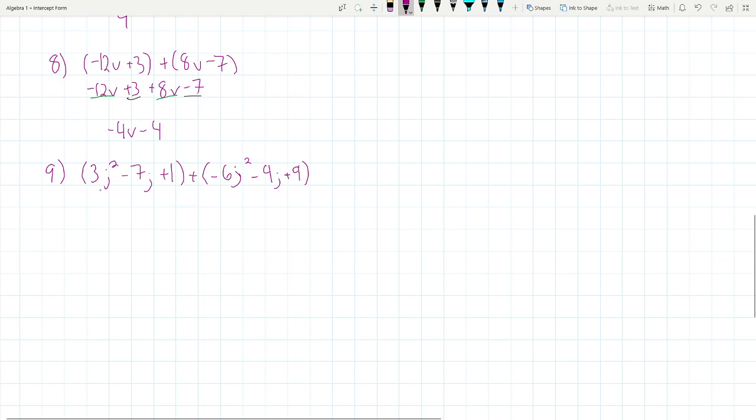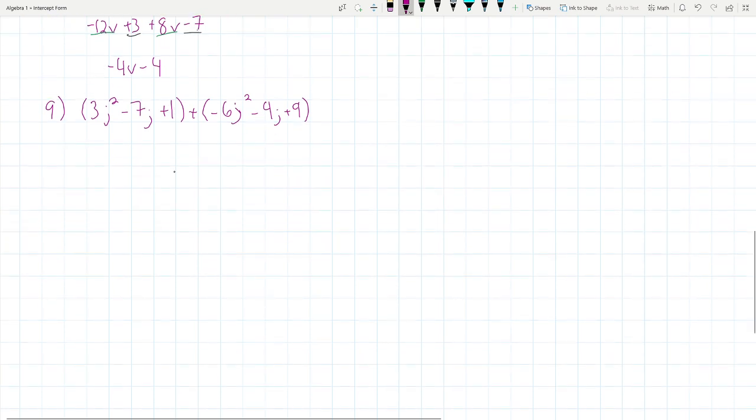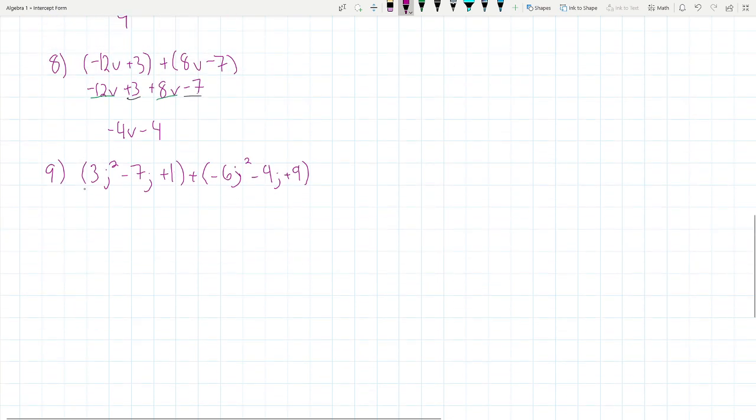The only thing that we added in was a new term and a new variable with an exponent on it. And so we're still looking at these parentheses and being like, man, it'd be really great if they're gone. And there's nothing happening to the left, so I say, okay, 3j squared minus 7j plus 1. This is a plus in the middle, so I just continue on. I keep the signs the same, so I have negative 6j squared minus 4j plus 9.